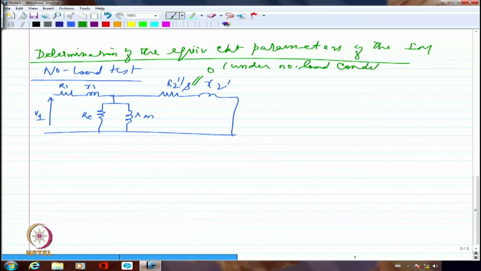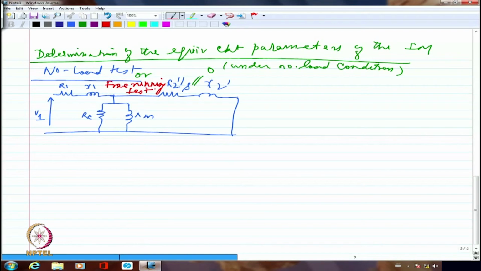If slip is almost close to 0 under no load condition, R2 by S happens to be infinity. If R2 by S is infinity, it is as good as open circuiting the rotor. So no load condition almost mimics the situation of open circuit condition of a transformer in the case of an induction motor. So that is the reason why we conduct normally no load test, or we also call it as free running test.